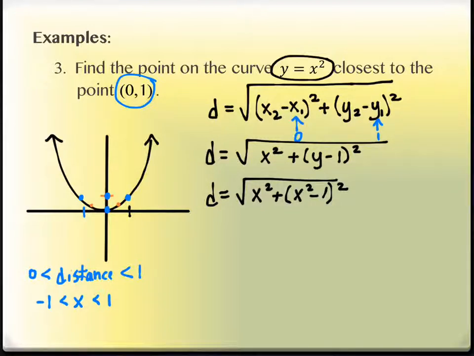Okay, so let's actually go about finding that now. What do I need to do with this equation before I use calculus? Yeah, I need to simplify. Thank you, Mackenzie. All right, so let's simplify the inside of this square root, all right? So I have the square root, I have x squared. What happens when I take x squared minus 1 squared? X to the 4th is good, and then what?